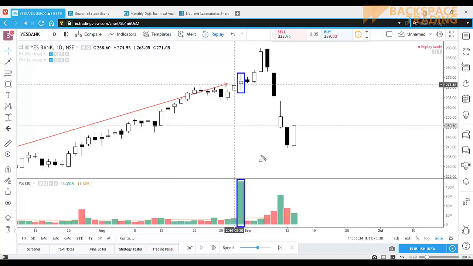Now say Yes Bank said something good about themselves on media. Every retailer, the news watchers, would assume that Yes Bank is the future of the Indian stock market, let's all buy. What happened? This happened.